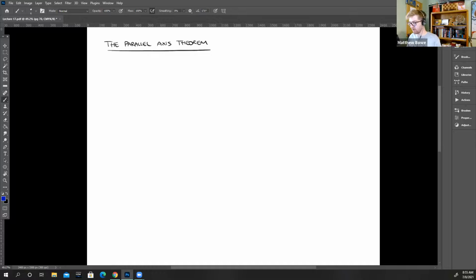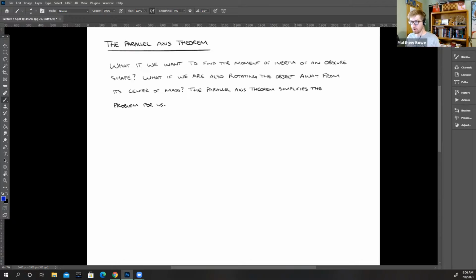We can use this for those shapes that we've just worked on. We'd also use it for just some very obscure shape, something that doesn't match up with that chart I was just talking about.